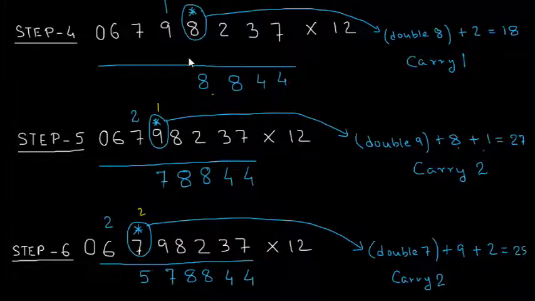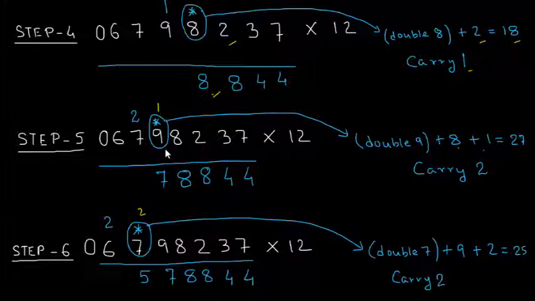Next number is 8. What we'll do? We'll double 8 and add the right neighbor, that is 2. So 8 doubled is 16 plus 2, that is 18. In this case we'll put carry 1 and 8 here.